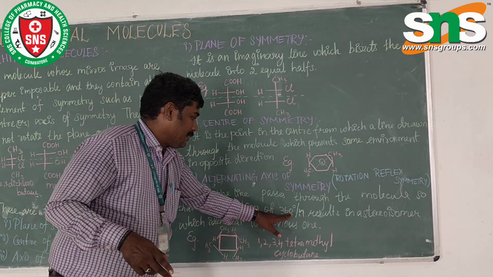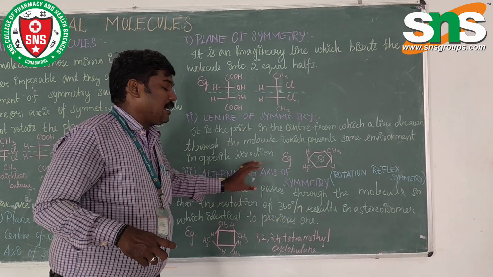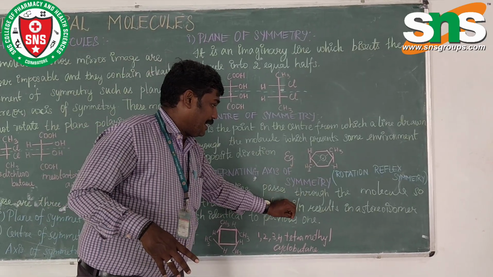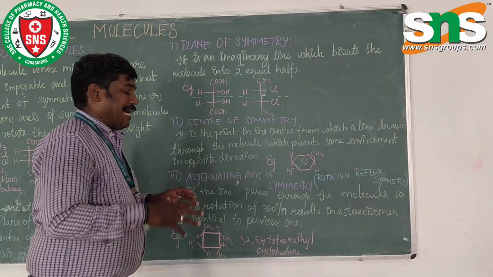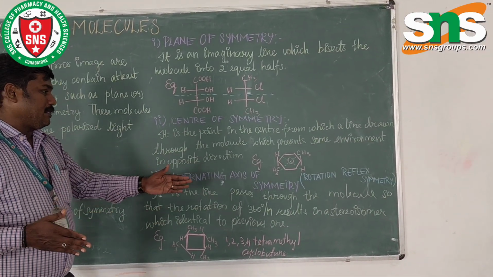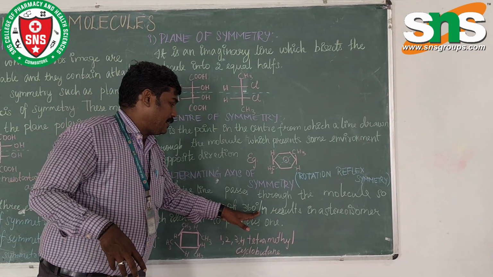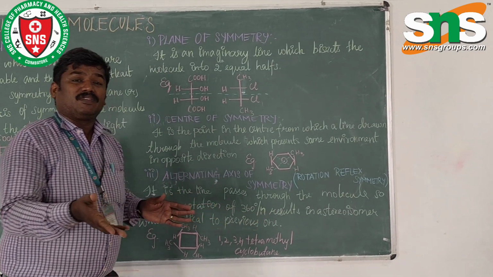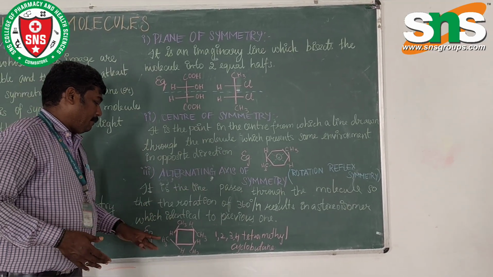So n is called the number of rotations. The rotation of 360 degrees divided by n results in a stereoisomer which is identical to the previous one.